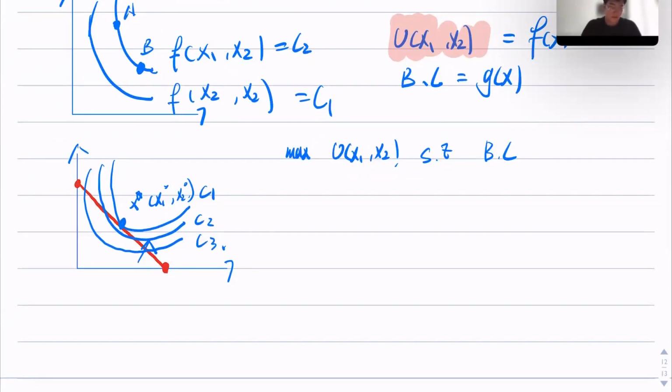Now we understand how the economic model can fit into the Lagrange method to find the optimal point. Now we have to do the economic setup, because eventually we're going to solve for the best bundle that the consumers will be satisfied with. Therefore, we have to set up a function to connect the budget constraint with the utility function.